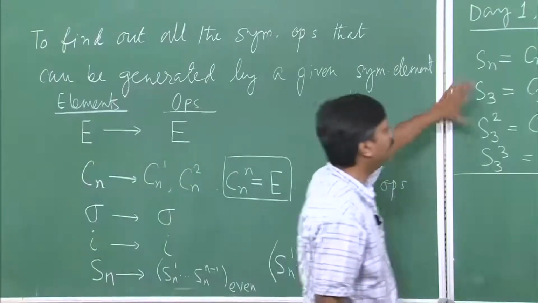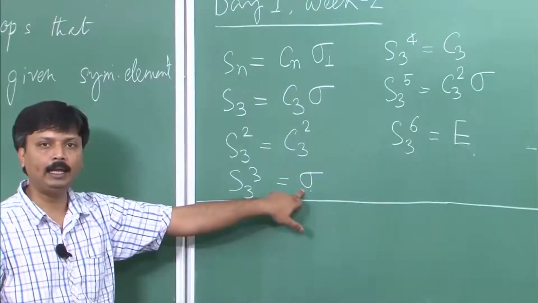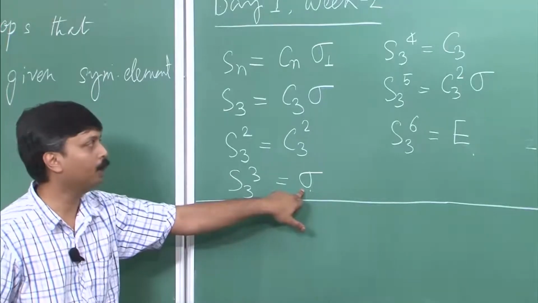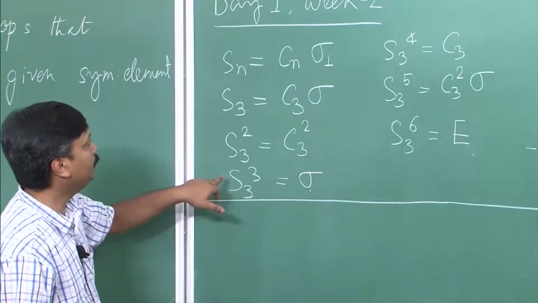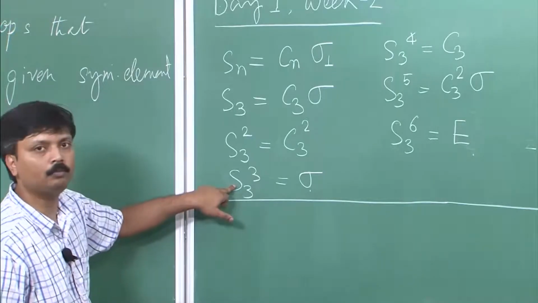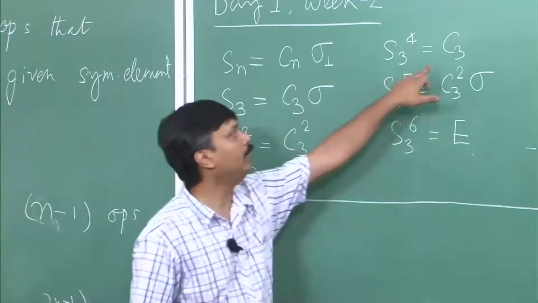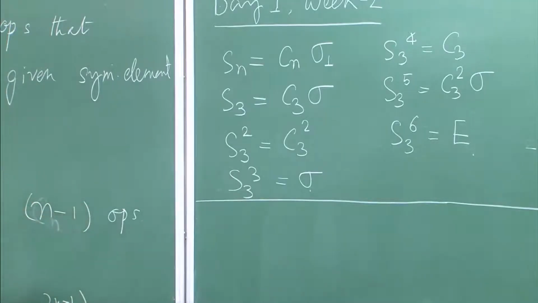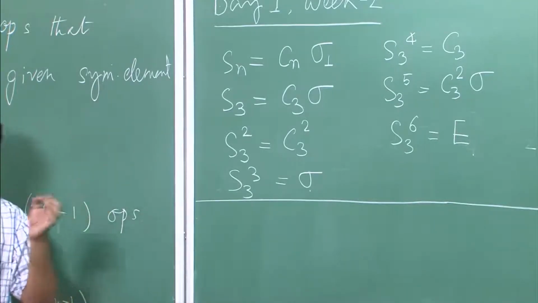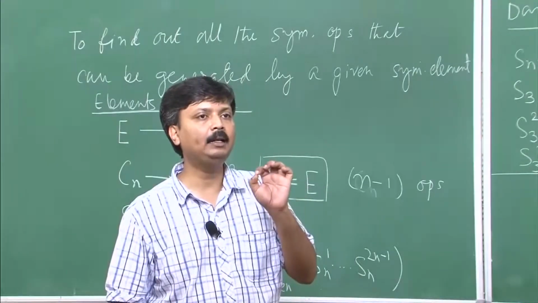Now also you see there is an important thing that I already mentioned, that Sn equals sigma for n odd. All right, and in this particular case, when n is odd, Sn will definitely have a Cn. Okay. So this is an important consequence, and if you remember what I did for Sn when n is even, Sn will make sure that you have a Cn/2.